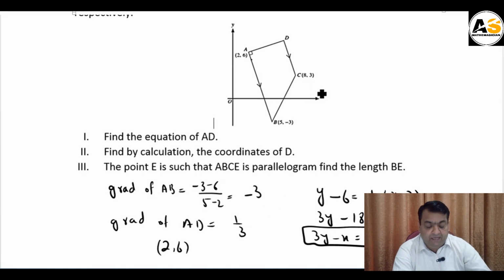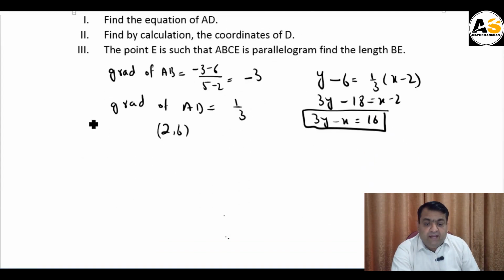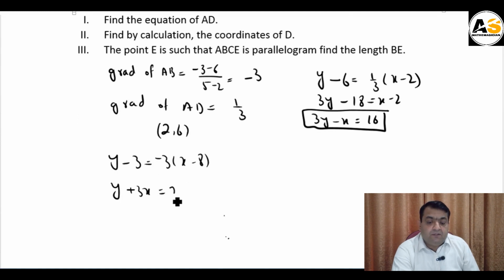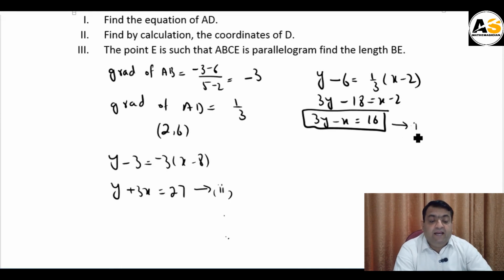So its equation will be y minus y1 is equal to m into x minus x1. y plus 3x is equal to 24 plus 3, 27. So dear student, this is the equation of DC, and this is the equation of AD.